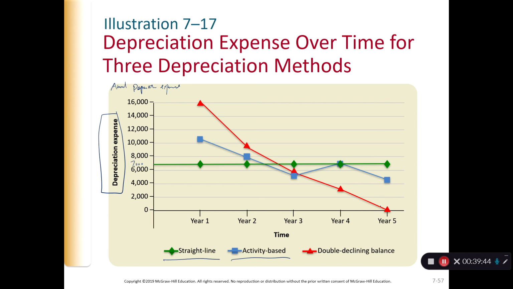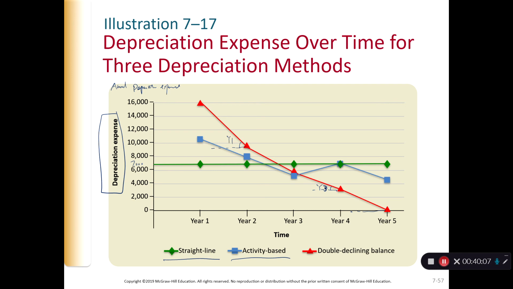Declining. And at the same time, if you see the slope of the early years and the slope of later years, the slope in year 1 is much bigger than in year 4, year 3. This is because the rate is decreasing, right?